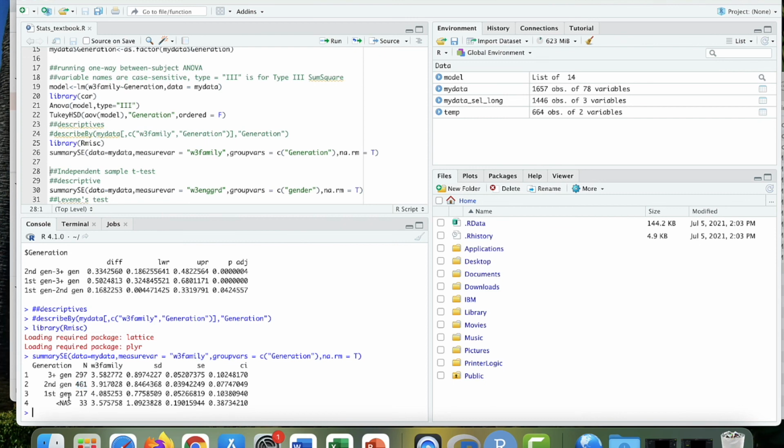And then the first generation group has the smallest sample size, still a pretty large sample, and the highest sample mean, and that mean was significantly higher than it is for second or third generation students. So that's how you run a one-way ANOVA in R and get post-hoc tests and descriptive statistics.